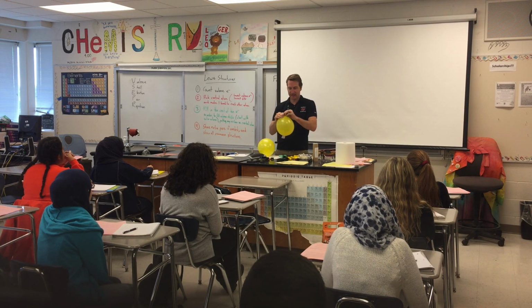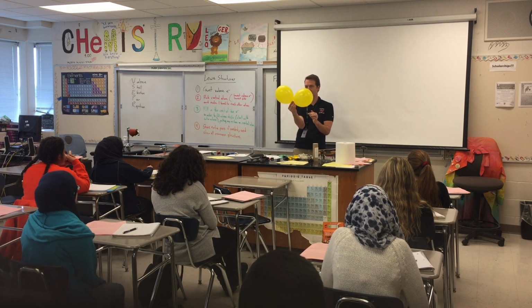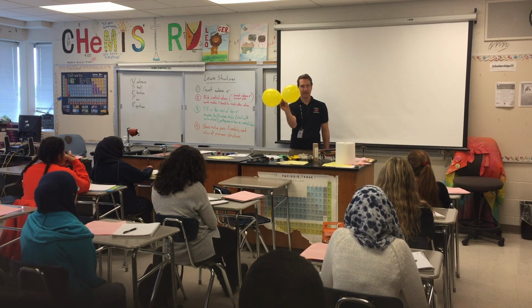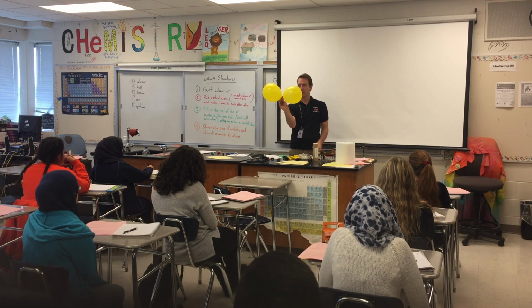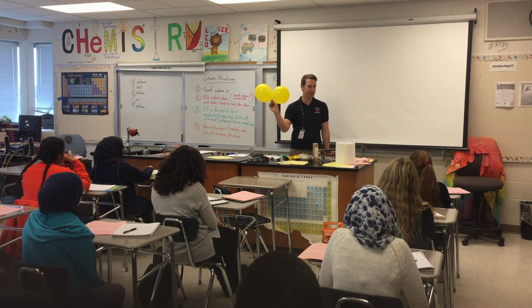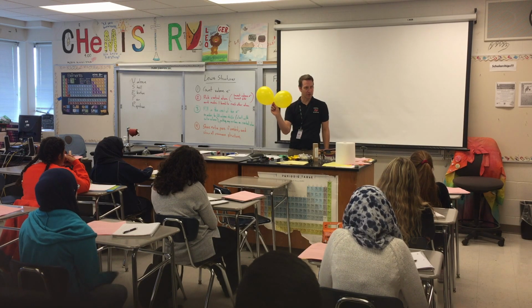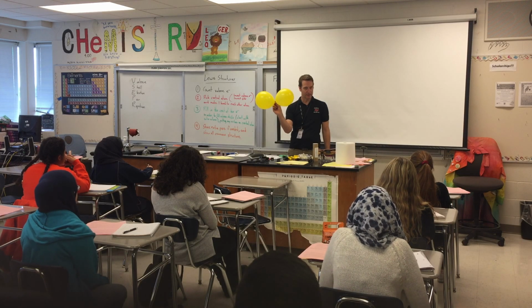And if I am trying to arrange those around some central atom, which my hand is going to represent, how are they going to arrange themselves? There's no way I can really arrange them other than for them to be as far away from each other as possible. Because as soon as I start to get these balloons to touch, they push on each other and they move back, right?